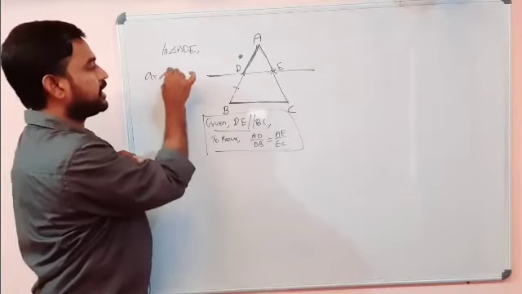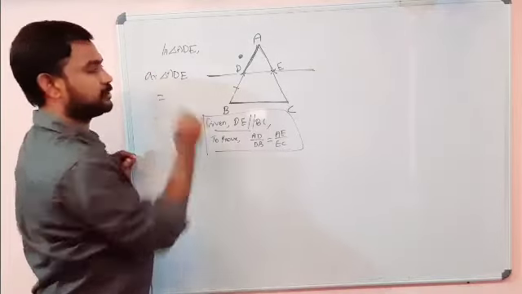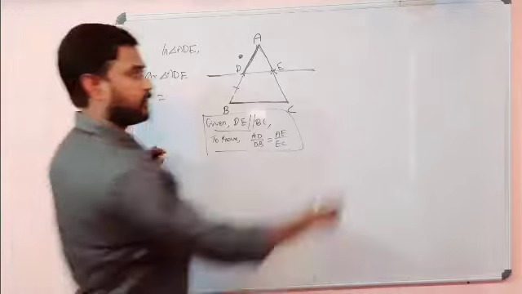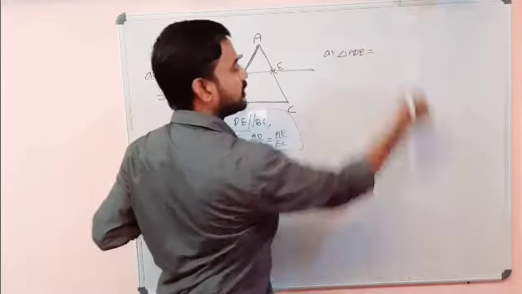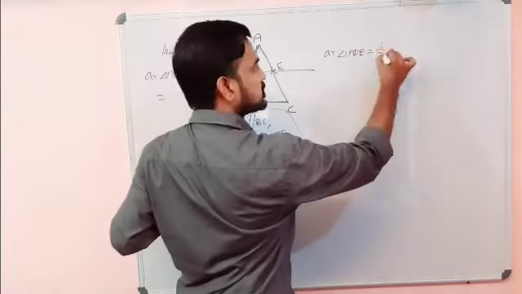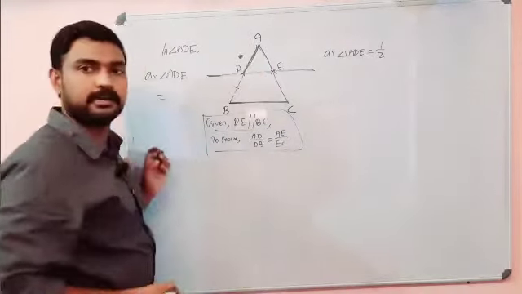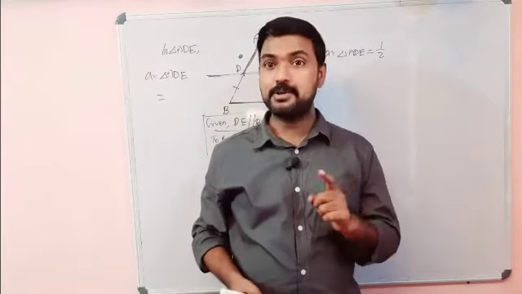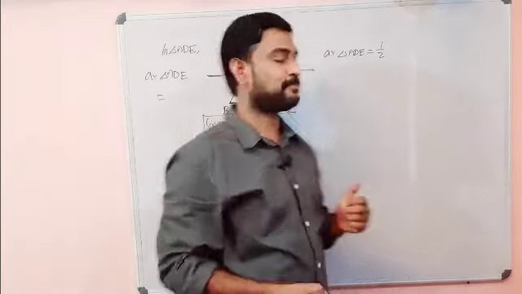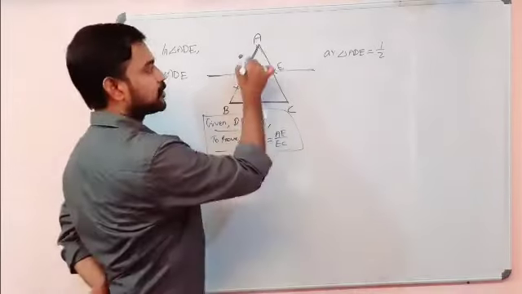We studied the area of a triangle equation: half into base into height. So here the base is AD because we are standing here.